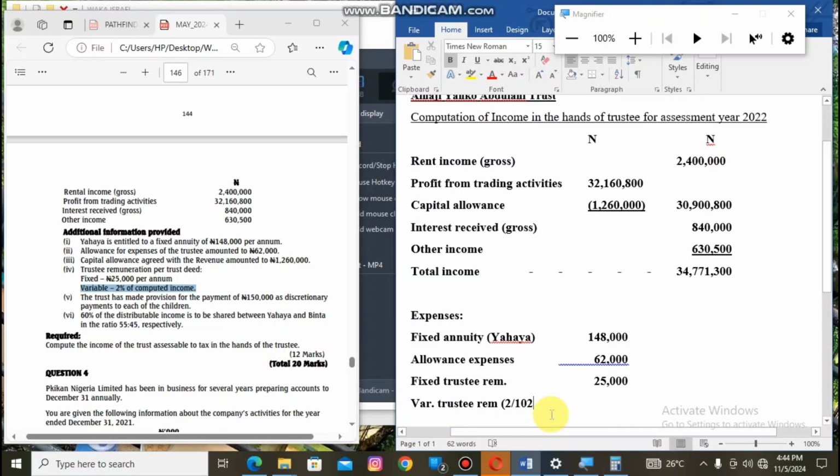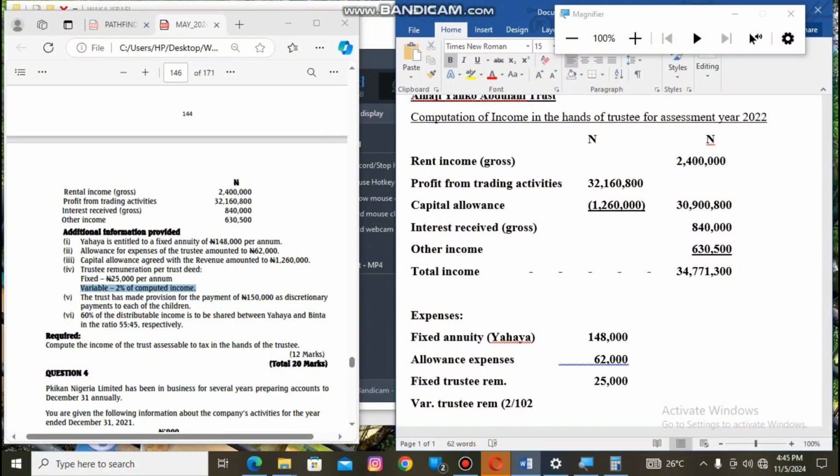If they had said that the variable trustee remuneration is 2% of total income, very simple, you just pick that figure, it will be 2 over 100. But we are told it is 2% of computed income. Moreover, the computed income is not known. In fact, for us to get the computed income, this variable trustee remuneration and other expenses have to be deducted first. But we don't know the figure for variable trustee remuneration. Hence, we have to include the percentage of the variable trustee remuneration inside the total 100%.